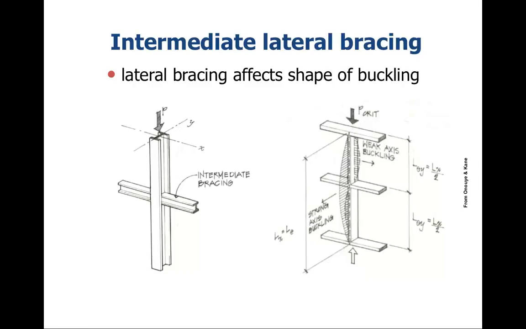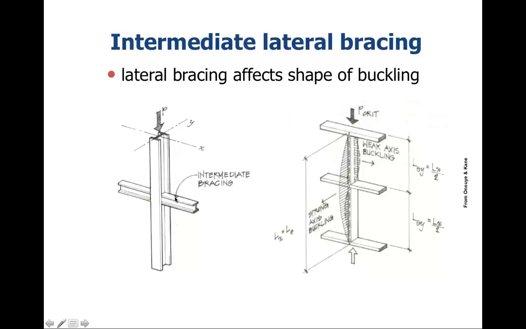Now that we have some idea or concepts of how we look at buckling, what sorts of things can we do about it? Well, primarily what can be done is lateral bracing, that basically limits the effective length. So you have lateral bracing along here. We know that this is liable to buckle out like so.